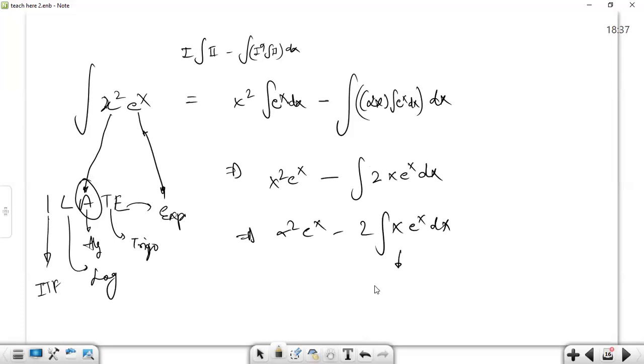Now again there will be use of ILATE. So again this is algebraic and this is exponential function. So x square e raised to power x minus 2 into bracket: x times the integration of e raised to power x, minus the integration of the derivative of x times the integration of e raised to power x. This will remain as e raised to power x only.